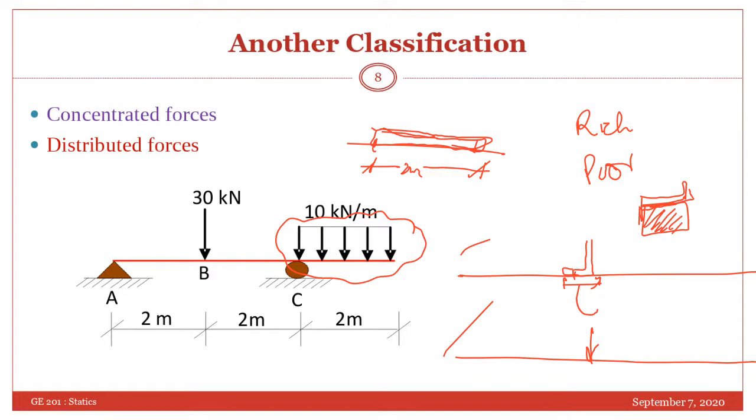It means 10 kilonewton force is acting over 2 meters. So per meter it will be how much? In 2 meter, 10 kilonewton force. In 1 meter it will be 10 into 1 divided by 2, that is 5. So 5 kilonewton per meter. This is called load intensity in case of a distributed force. So here we are writing load intensity 10 kilo per meter. Here we are writing the force as 30 kilonewton.